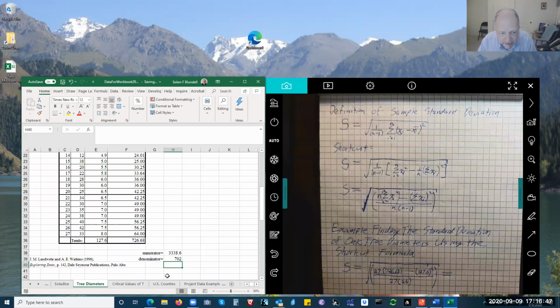And then when I divide to get the quotient, taking that numerator divided by the denominator, and there I get all those extra digits, which is just fine. And now I'm ready for the final answer. I do the square root.